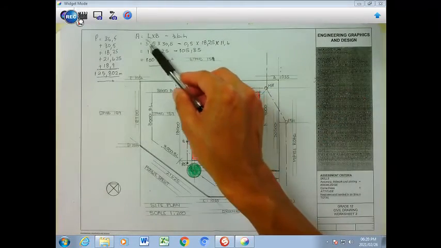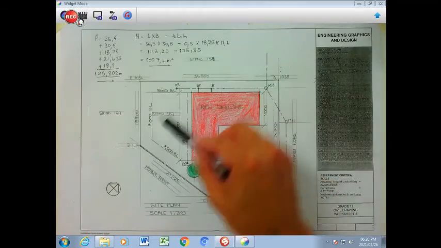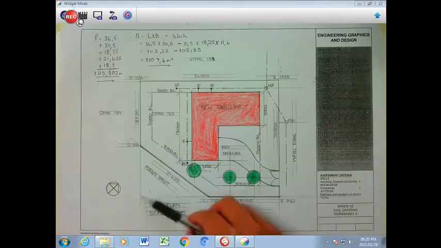And then of course we're looking at the area. So we have a little triangle here, so we're going to work out the full rectangular shape.